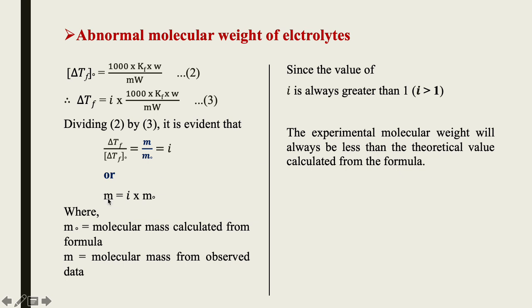Whatever the value here, it will always be less than m naught, because if you multiply m naught with a value greater than 1, it will be bigger than m naught. So from this formula you can calculate the molecular weight of the electrolytes.